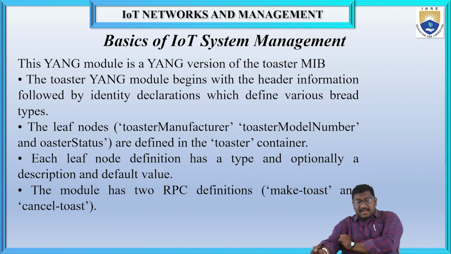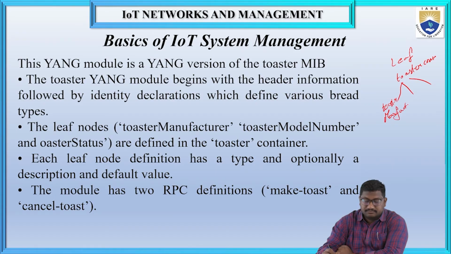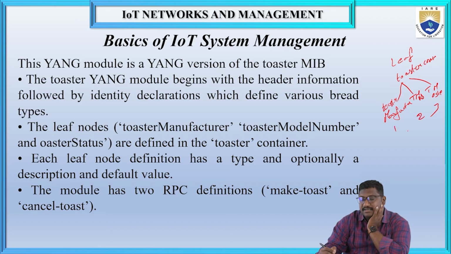And see here, there are leaf nodes. The leaf is the toaster container, and the leaf nodes are toaster manufacturer, toaster model number, and toaster status.